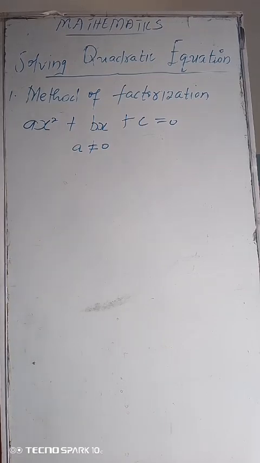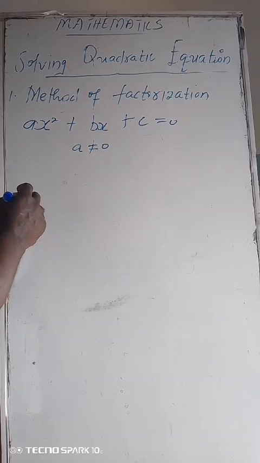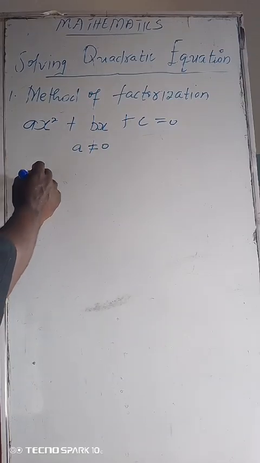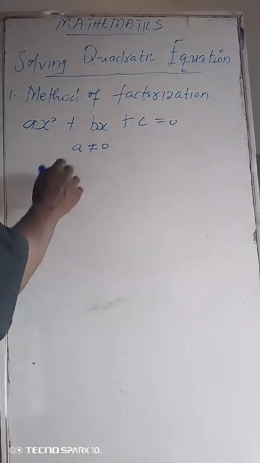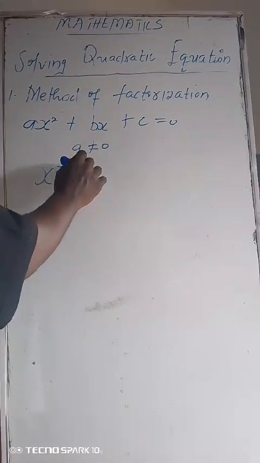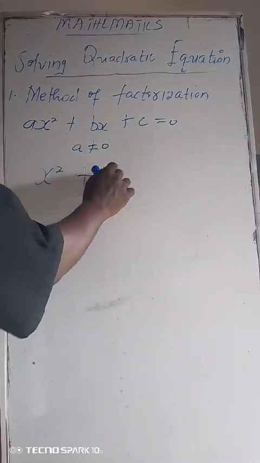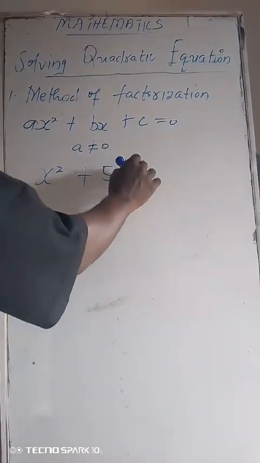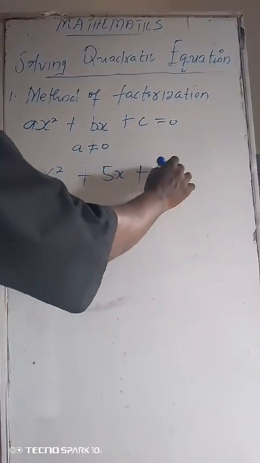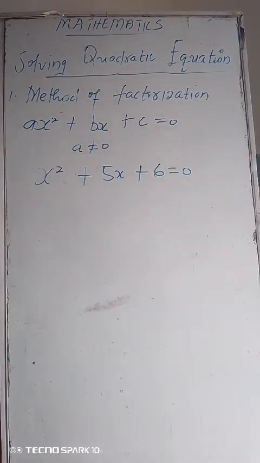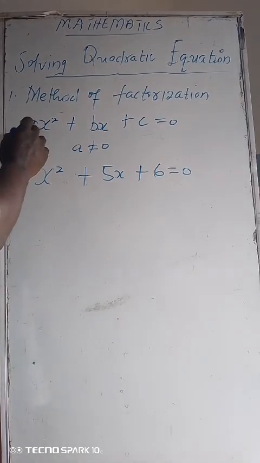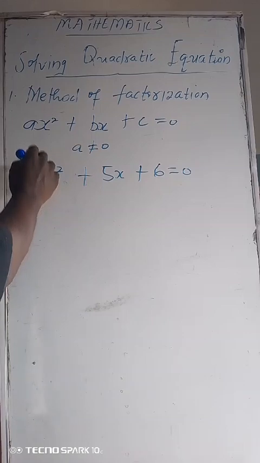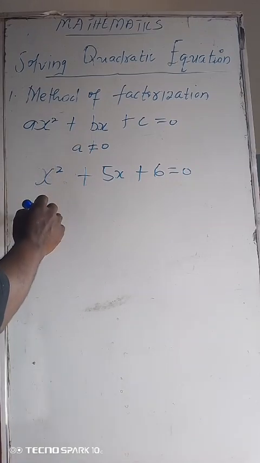Now, for example, let's assume that we have another quadratic equation, which is x squared plus 5x plus 6 is equals to 0. When we compare to the general quadratic equation, you could see that here we have a, but here nothing is there, so it means it is 1.